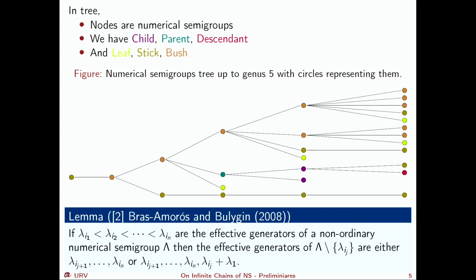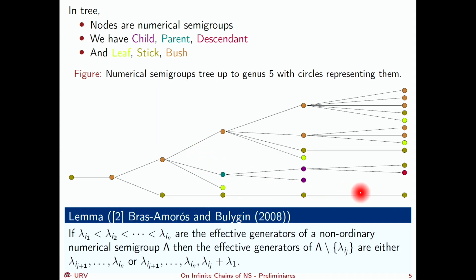I can refer to numerical semigroups as nodes, and I have children of a node, and for every child I have a parent, and for a node I have descendants.